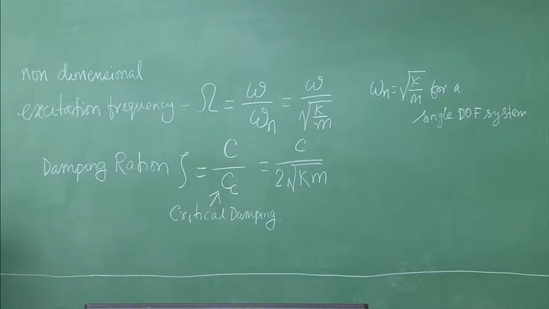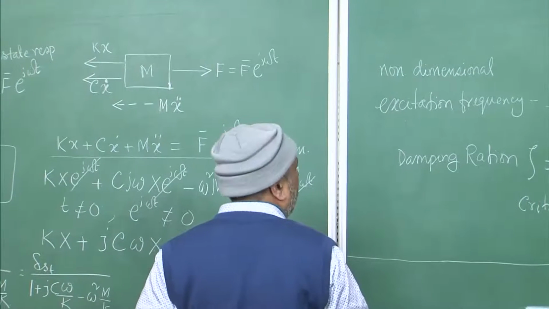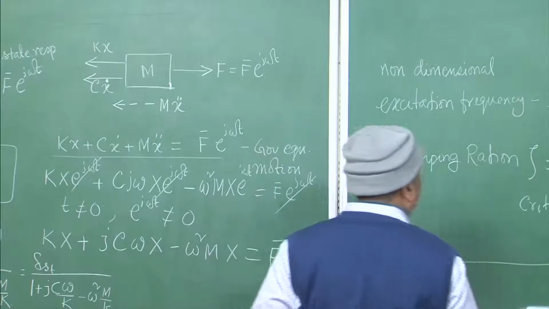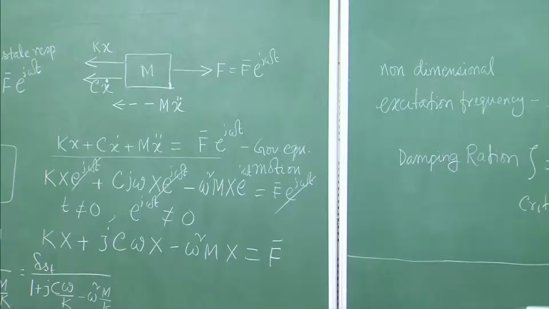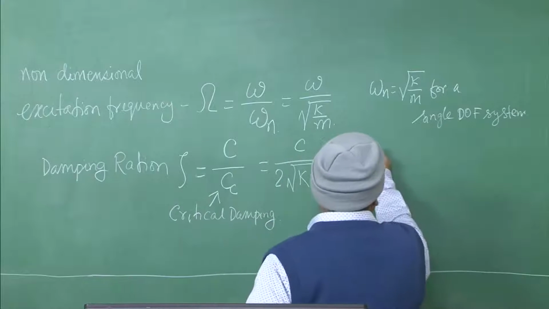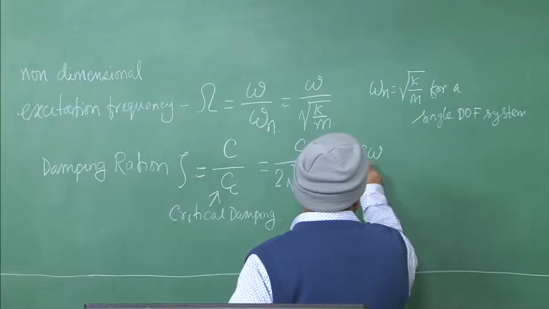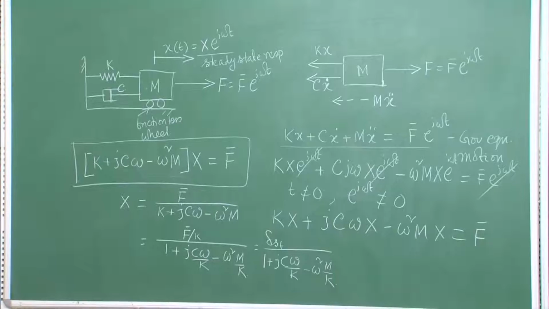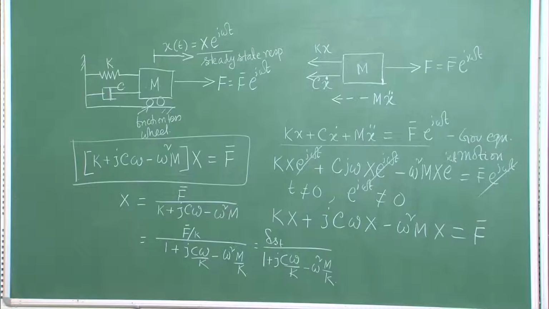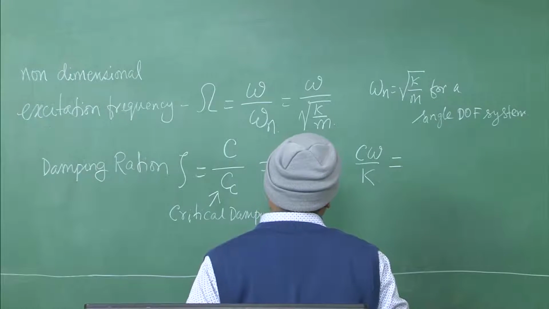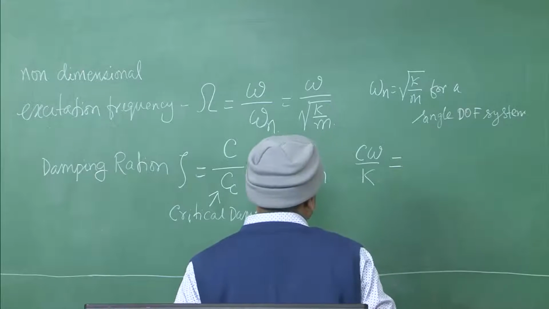So, we need to find out what the C omega by k term will be, and the other term is already there with us. Based on this expression, we can write C omega by k in terms of the damping ratio of the system.